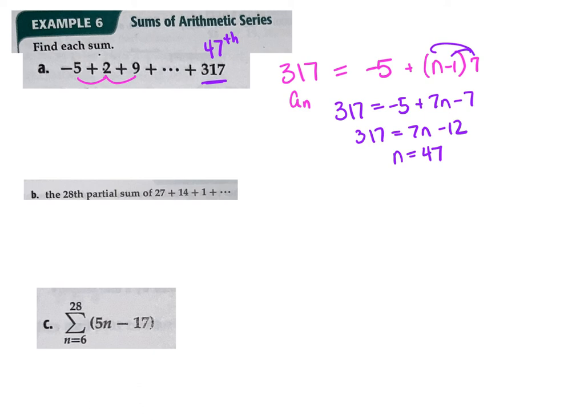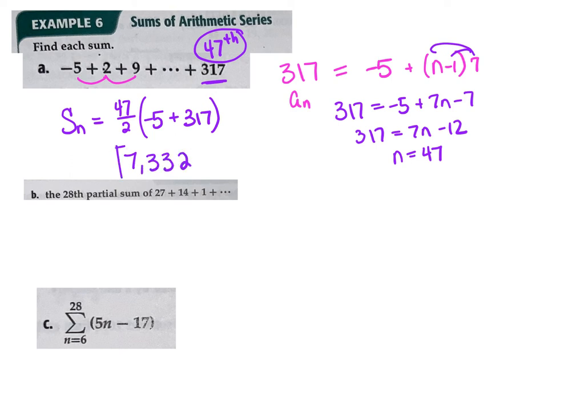That's how I figured out what term I'm on. And now that I have that, I can just plug it into my formula. The summation of these is going to be n, and now we know n is 47. So 47 over 2 times my first term plus my last term. And when I add all of that up, I get 7,332. That's what the total is if I add all those terms in that sequence, all 47 terms.